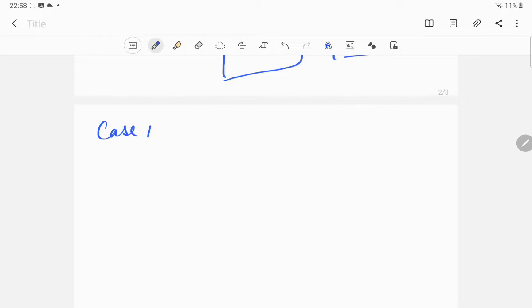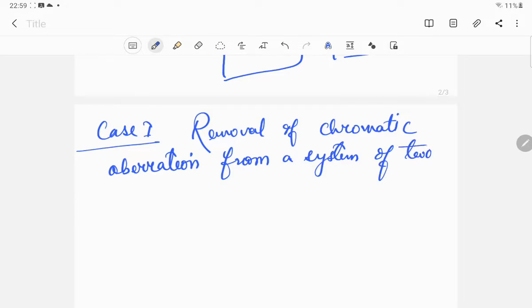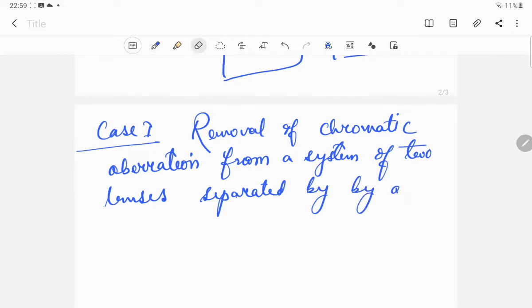So first, case 1: removal of chromatic aberration from a system of two lenses separated by a distance.